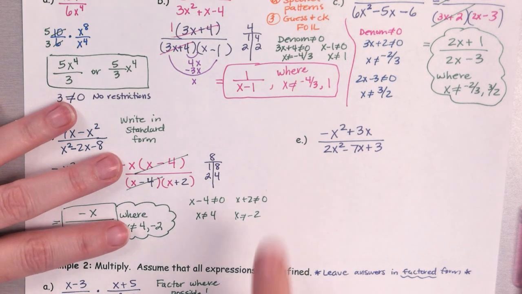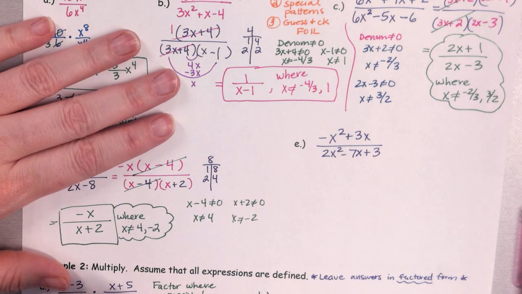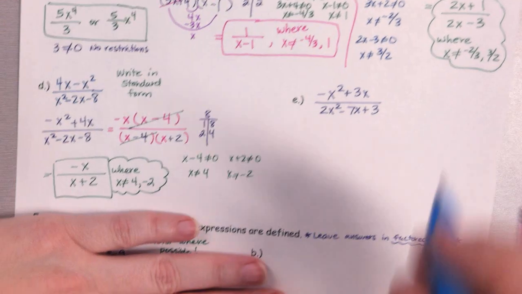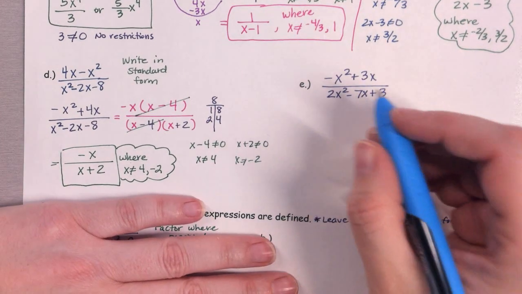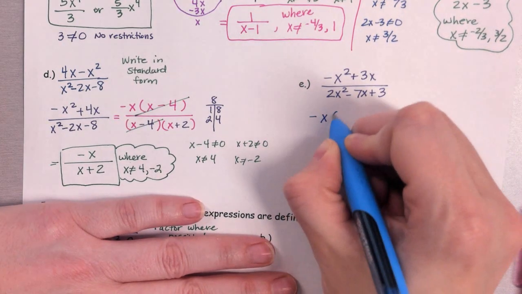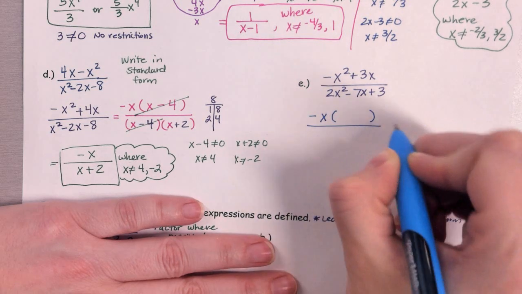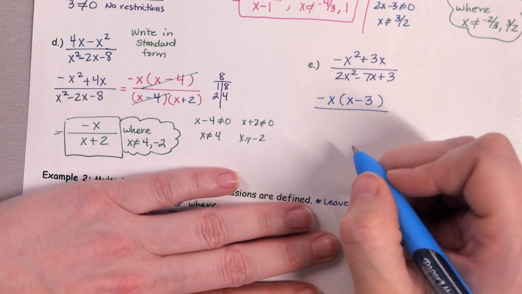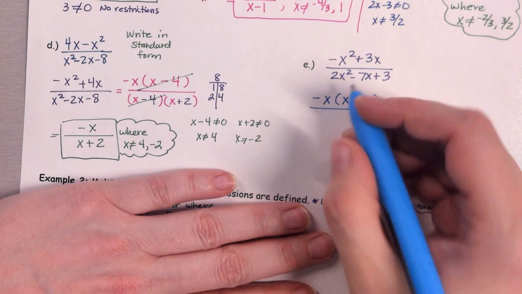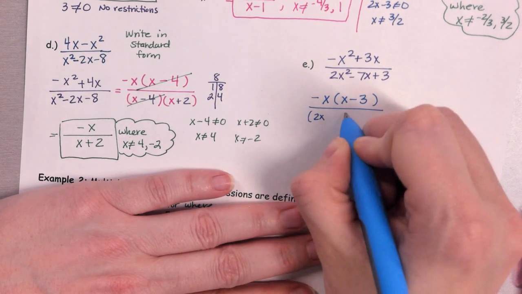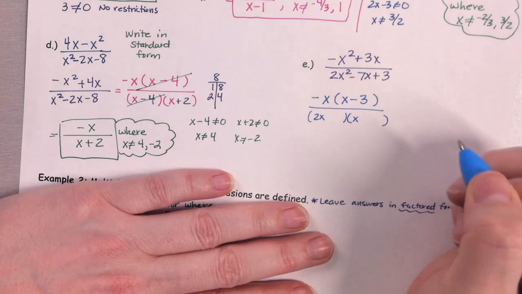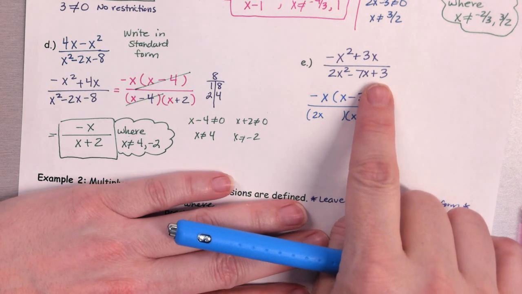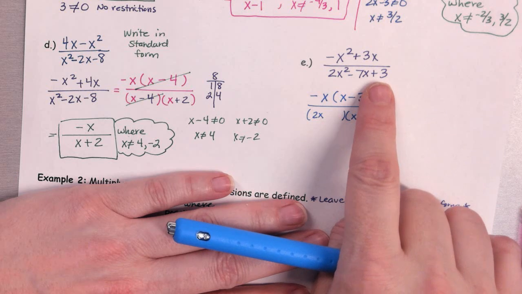Okay, what do we do on the top? You're going to take out the negative what? If you factor out the negative x, what are you left with in the parentheses? Good. And then in the denominator, you would start with 2x and x, right, to get 2x squared. Well, this is another nice one, because what's the only thing that multiplies to 3? 1 and 3.